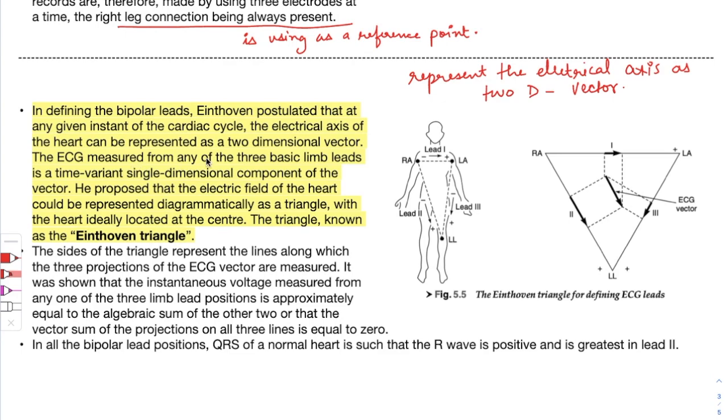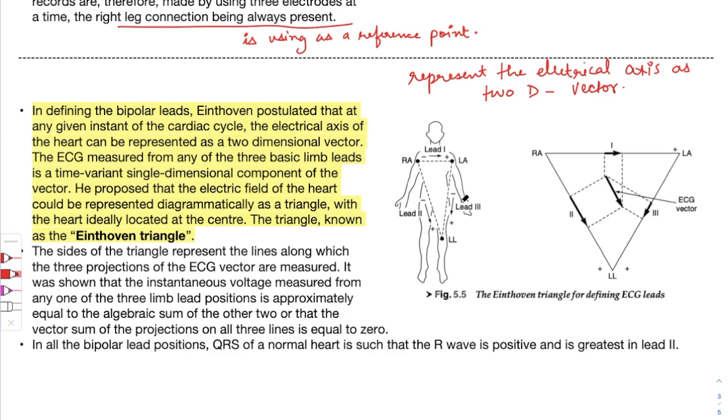The ECG measured from any of the three basic limb leads is a time-variant, single-dimensional component of the vector. He proposed that the electric field of the heart could be represented diagrammatically as a triangle with the heart ideally located at the center. The triangle is known as the Einthoven Triangle.